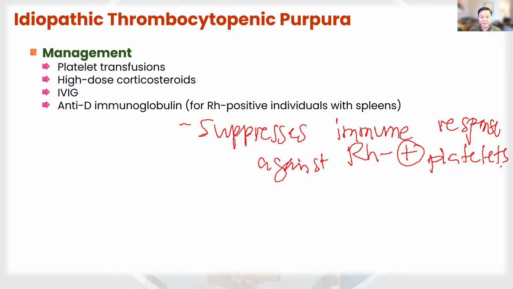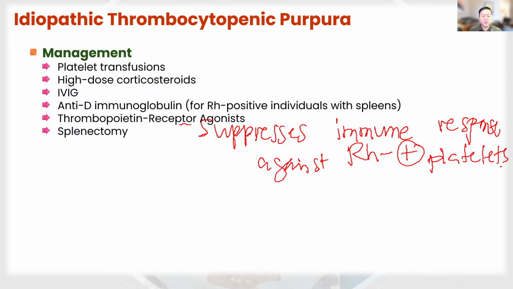Now, another management here is the splenectomy, let's not forget that, which is going to be used, especially when there are many platelets that have been widely destroyed inside the body.